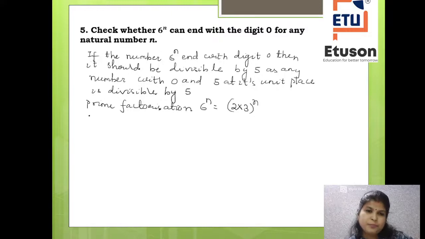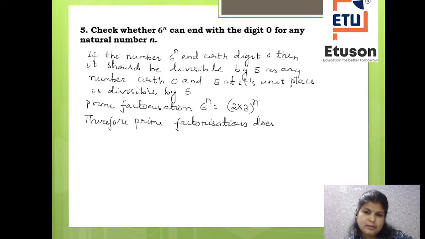So now अभी इसमें कहीं 5 दिख रहा है? 5 नहीं है इसमें. So therefore the prime factorization does not contain prime number 5.